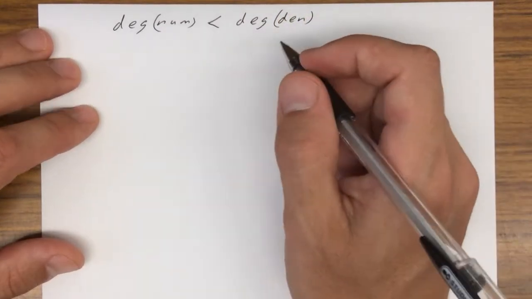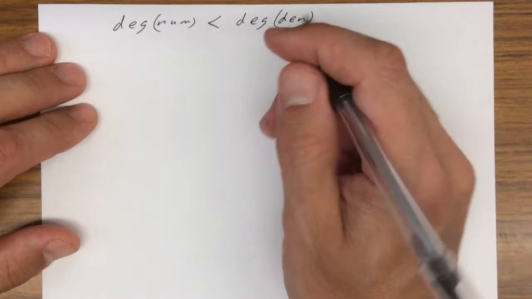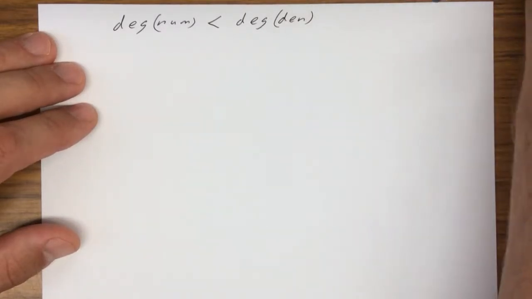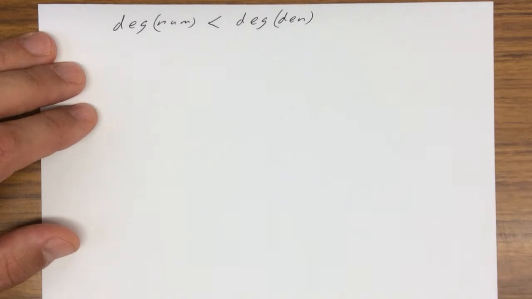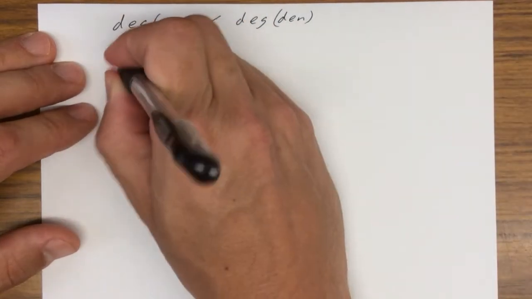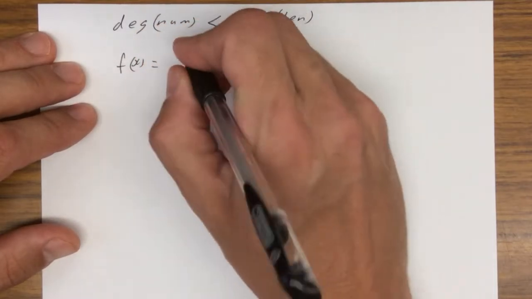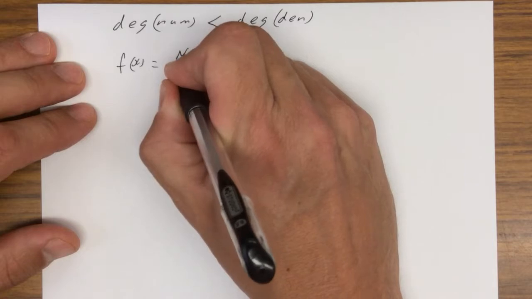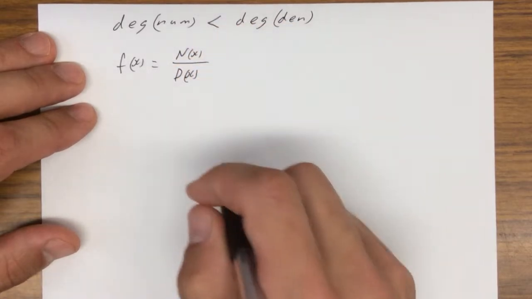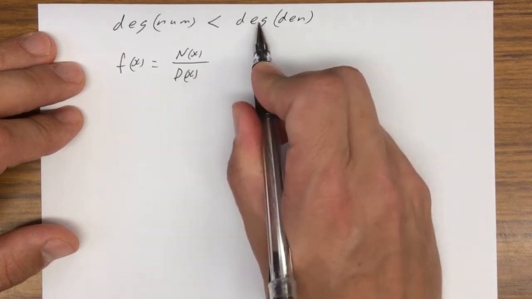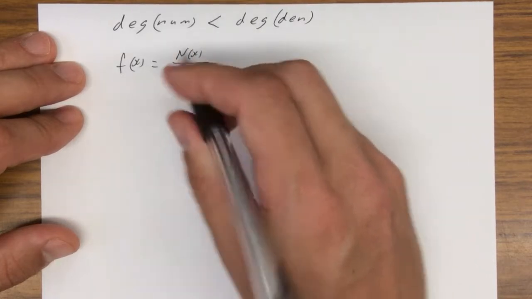So earlier on we had functions in the form f of x equals n of x over d of x. So in this case, the degree of the denominator is going to be bigger than the numerator.